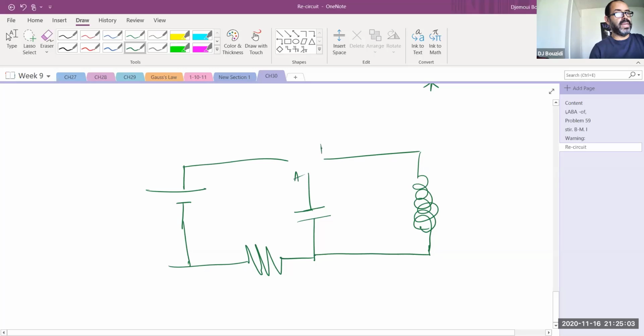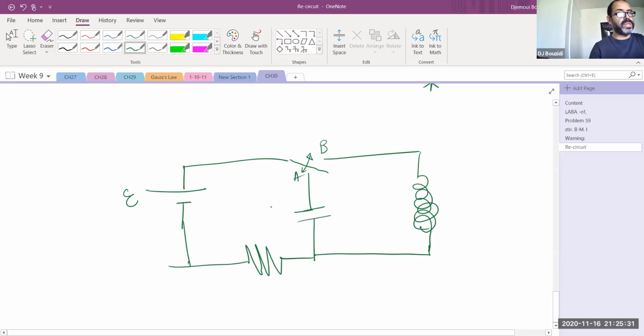This is B. This is where the switch is. So initially, the switch is in position A, and we wait a long, long time.